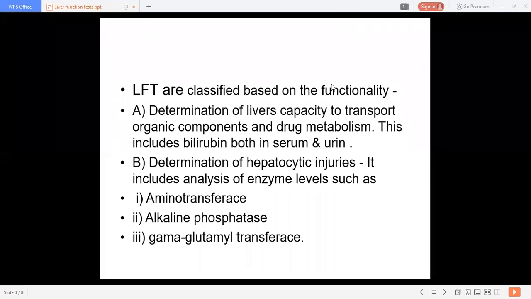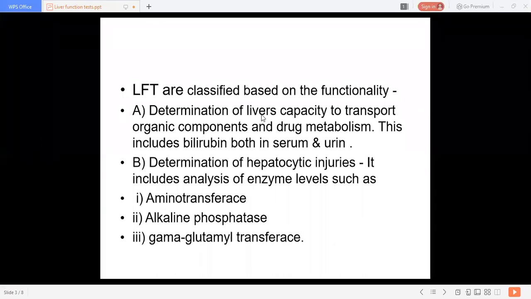Now the second one, that is determination of hepatocytic injuries. It includes various enzyme studies. First is alkaline phosphatase, also called ALP.